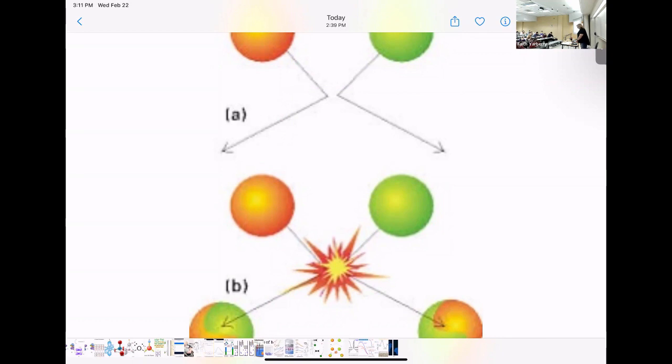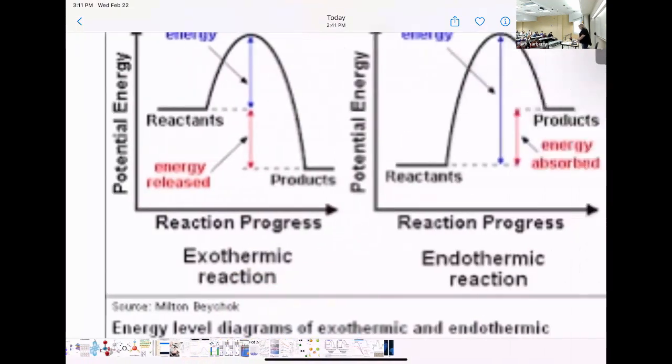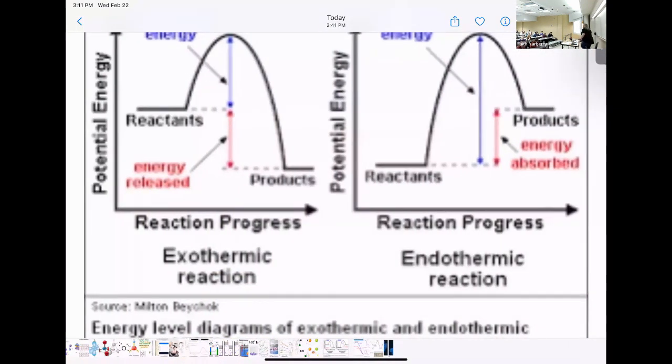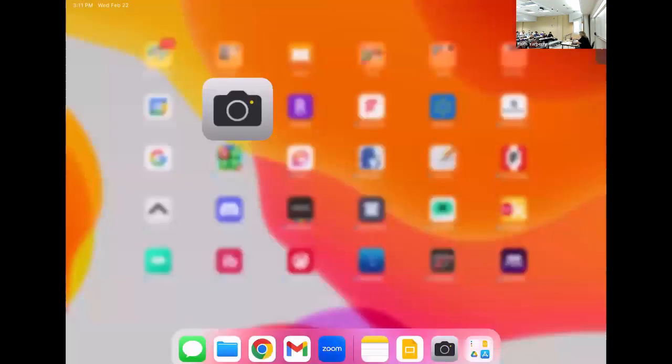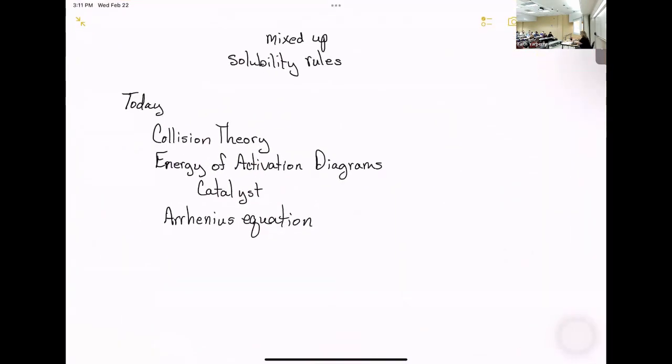Now the question is, how much energy is needed for these reactions to occur? And that's where an energy of activation diagram comes into play. And I'm actually going to draw it instead of using this, simply because I want to get rid of that screen.